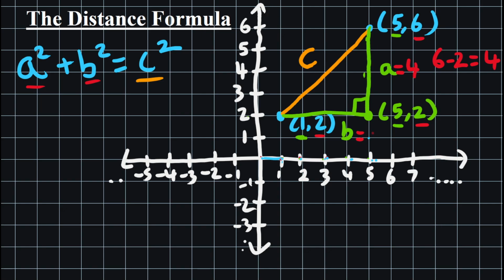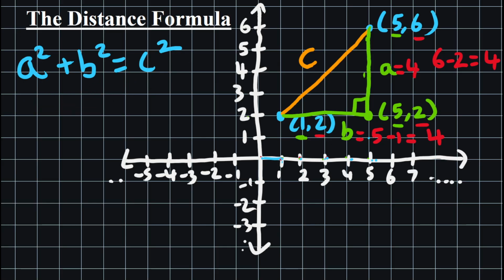So because they have the same y coordinate but different x coordinates, to find the distance, all we have to do is subtract their x coordinates. So 5 minus 1, and that gives us 4. Good, so that is 4. So B is 4 and A is 4, and then we can go ahead and find C. So let's go back to this Pythagorean theorem right here.